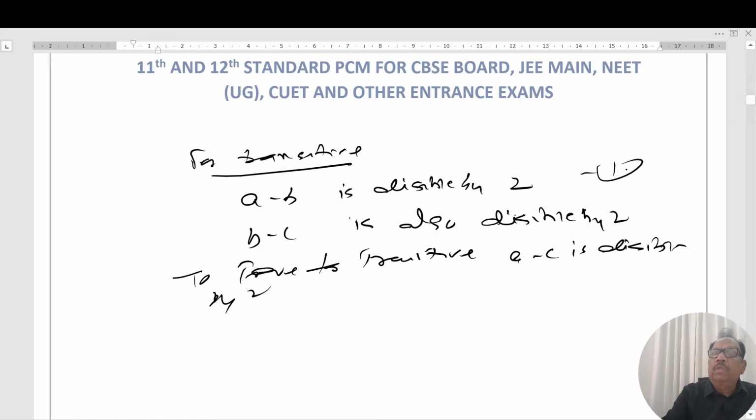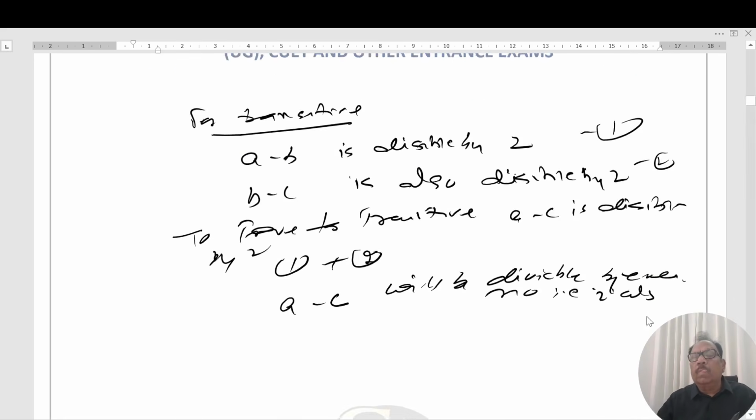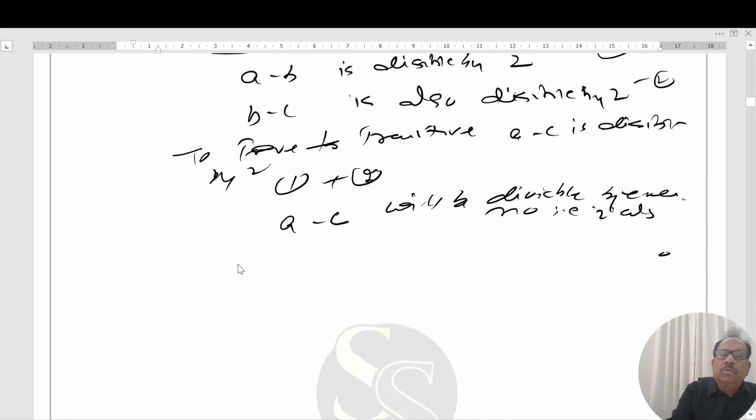Say this is 1, this is 2. So 1 plus 2 gives A minus C, which will be divisible by 2, an even number. Therefore the given relation is transitive also.